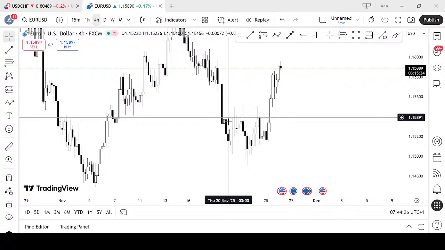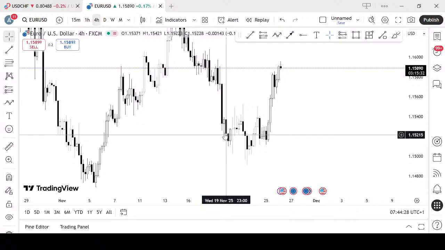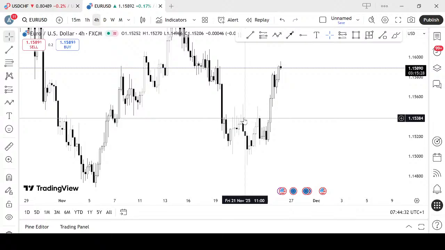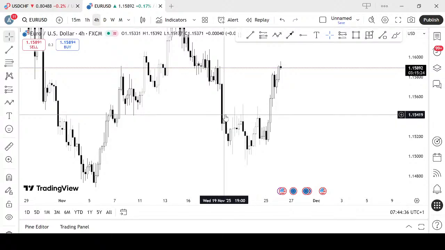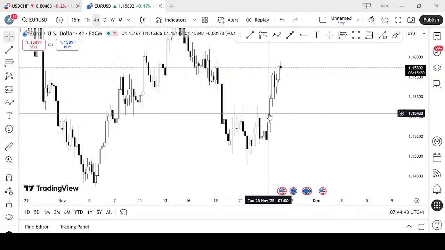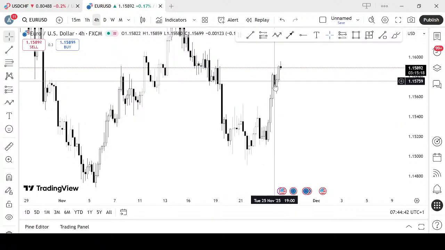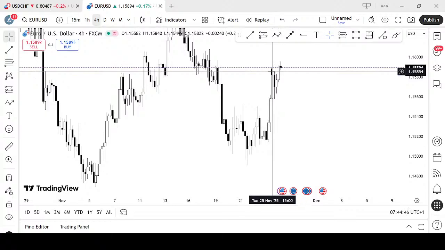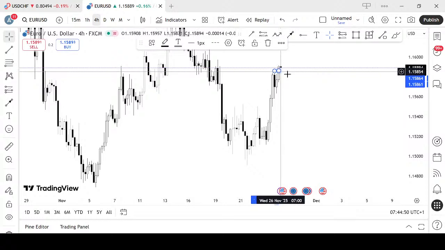This is the low that took out this previous low on the 4 hour. Then we went higher into this, and there was no candle close above this high till now. So this is the break of structure here, and this is another high, a new low formed, a new higher high here, and the recent break of structure is here also. That's it on the 4 hour.